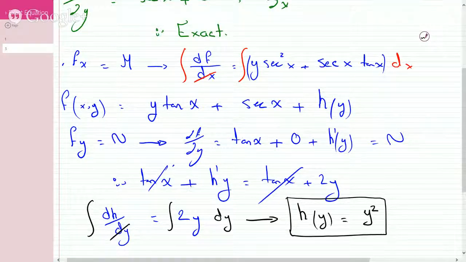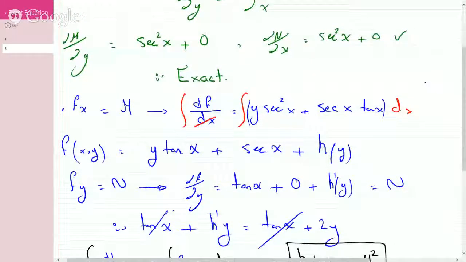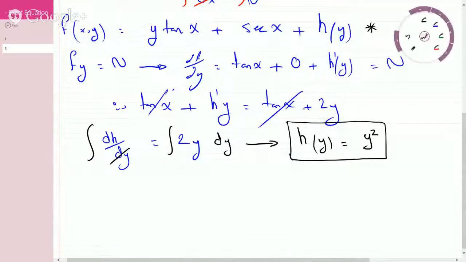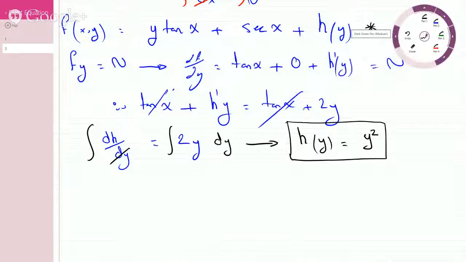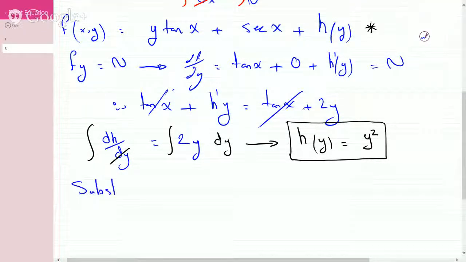And we can substitute that into f, right here, star.